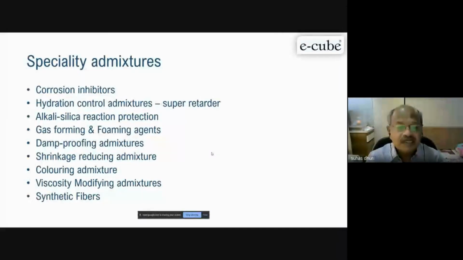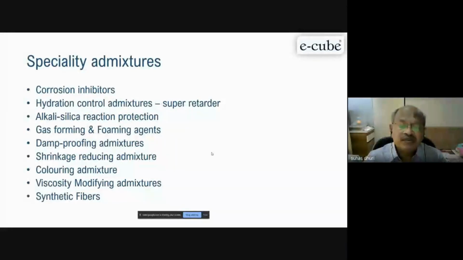Viscosity modifying agent. Then we have synthetic fibers to enhance various properties in the concrete. You have PP fiber, polypropylene fiber, we have steel fiber, we have glass fibers, and we have natural fibers, coconut tree fibers or banana tree leaf. Those are all natural fibers. If you see your ancient structures, a lot of naturally available fibers were used in the mortars. At that time RCC was not there, but in whatever plaster they did, we found that a lot of natural fibers are available.